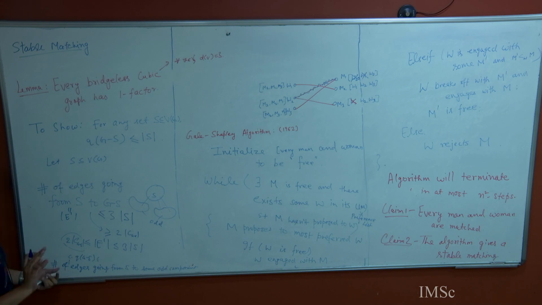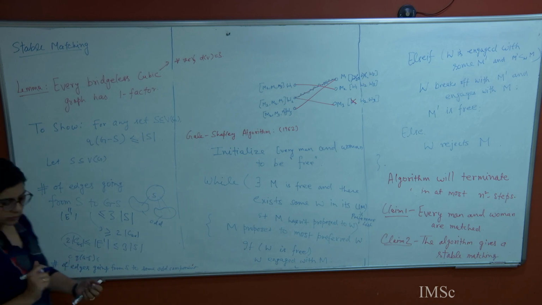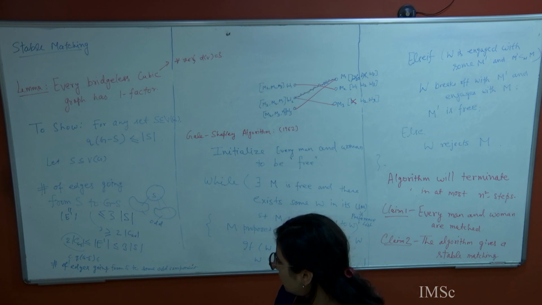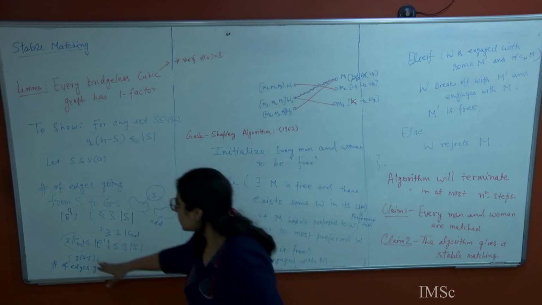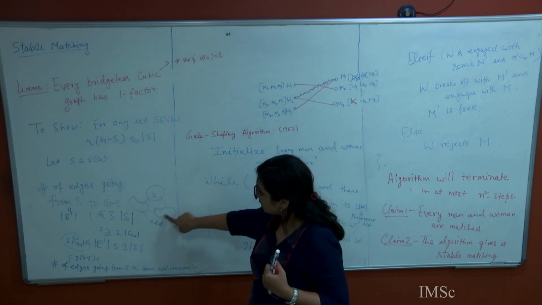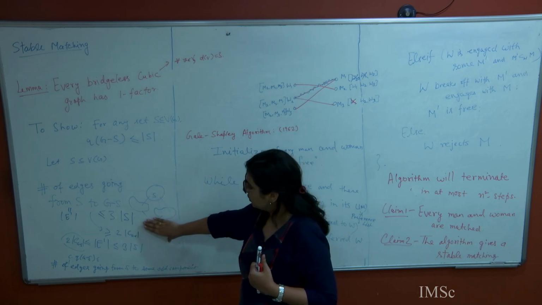So 2 is still okay, because this graph is bridgeless, but still we will look for a better bound. Yeah, we have at least 2. It's not yet clear to me why the lower bound is 2 Cg minus S. Okay, so this is S, this is any component.